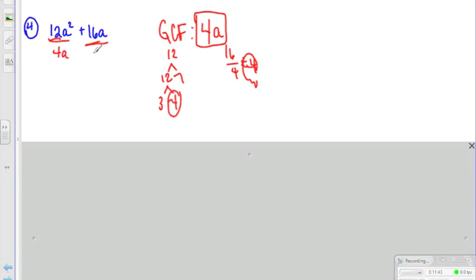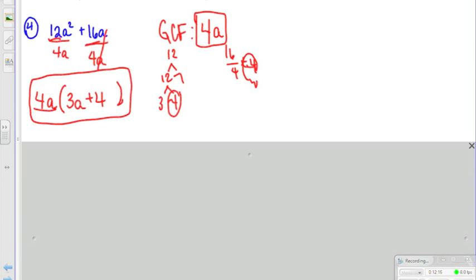So we're going to divide everybody here by 4a. Then we're going to write our answer. We're going to put our GCF on the outside, so 4a. And then when we divide, we put it in the middle of our parentheses. So 12 divided by 4 is 3. a squared divided by a gives us a to the first. And plus 16 divided by 4 is 4. And a divided by a cancels. And that's our answer.